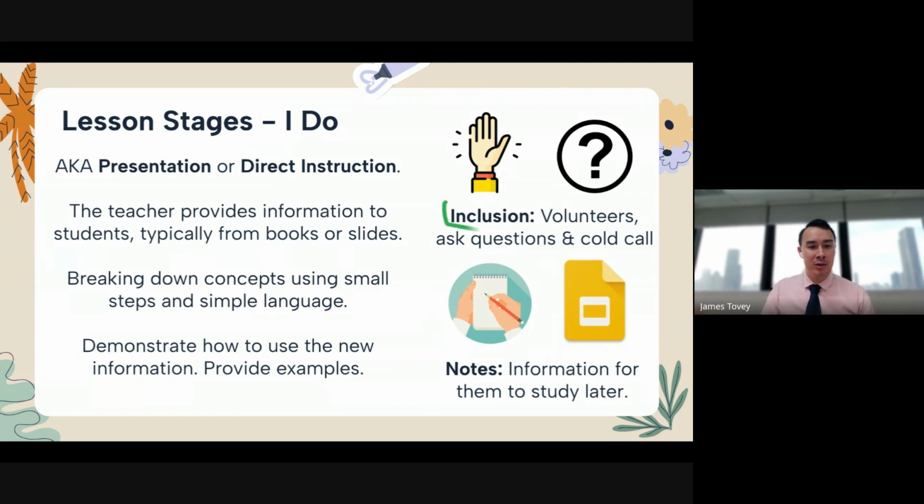Now, about inclusion, it's very good to build that into your slides. So if you've got concept check questions to ask, say we just discussed something on cool gadgets, and then we ask them, okay, so what is the function of this gadget? And then you target a question at one of the students.